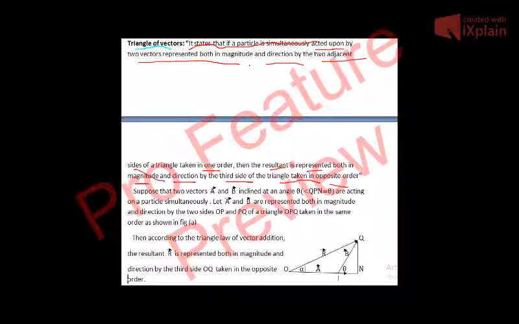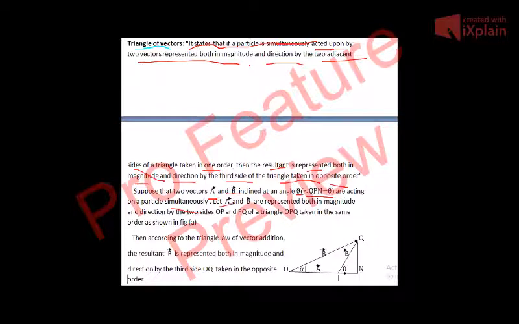Suppose we have two vectors A and B inclined at an angle theta, as you can see from the triangle, that is angle QPN is equal to theta, acting on a particle simultaneously.